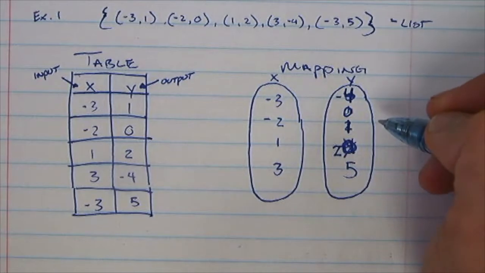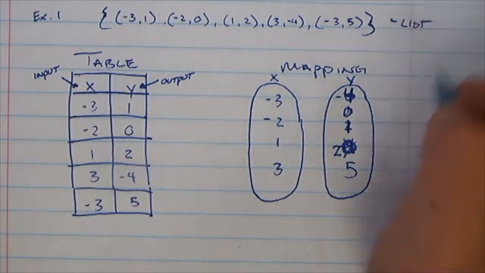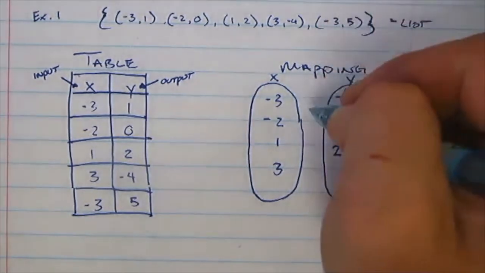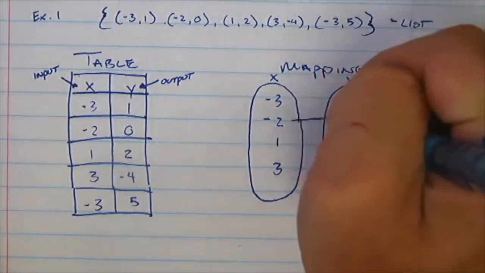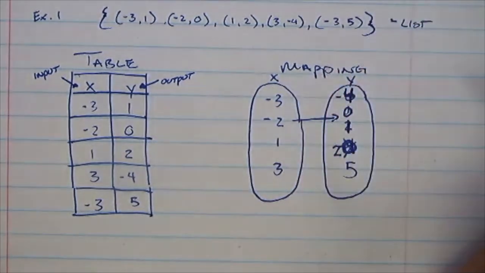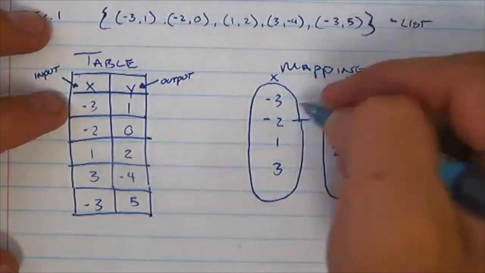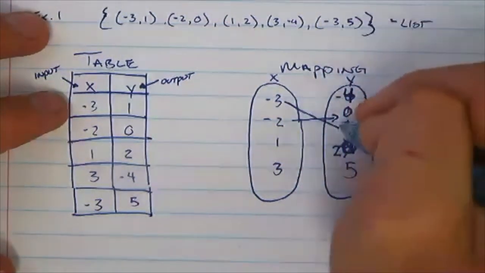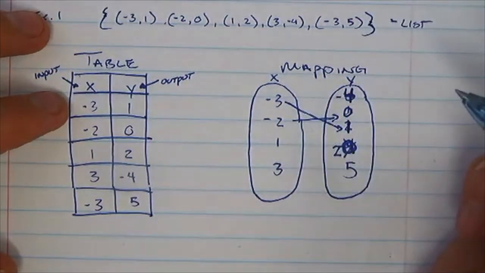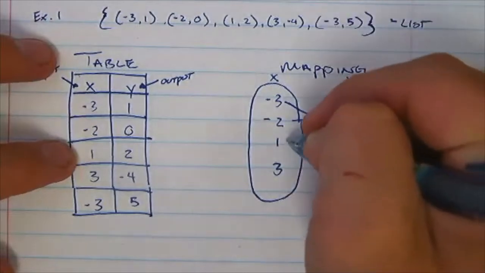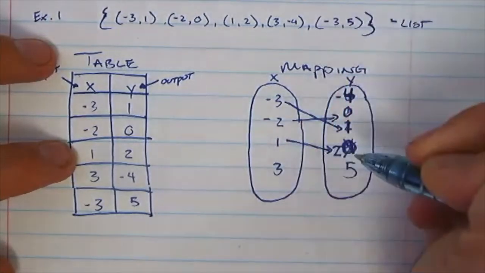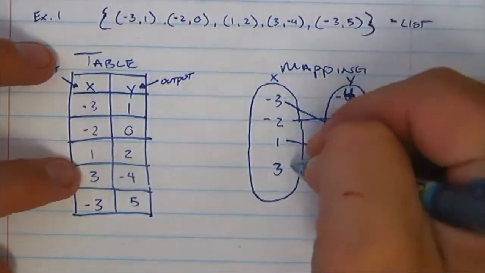Then we're just simply going to draw an arrow or a line to match it up with its partner. So the 2 does go straight across there to the 0. Then the -3 goes to the 1. The 1 goes to the 2. The 3 to the -4.